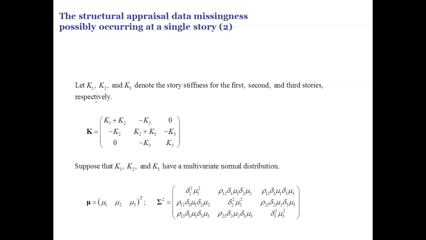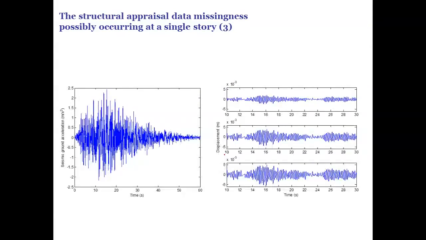And keep in mind, in general this kind of story stiffness data are all stochastic data, so we will need to consider the probability and statistics characteristics of these quantities. This is the mean vector of this stiffness matrix. This one is the covariance matrix of this stiffness matrix.